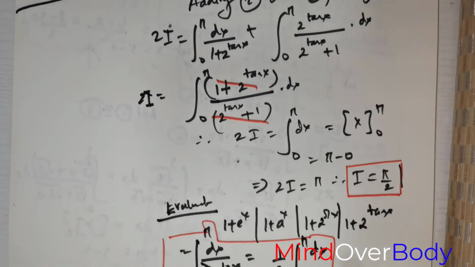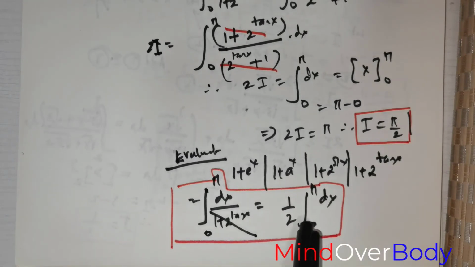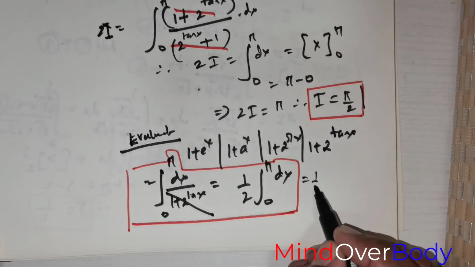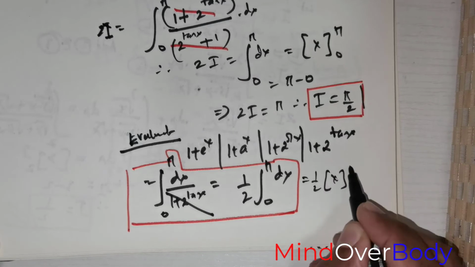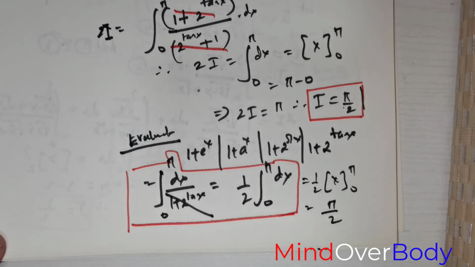If in case you have been given a multiple choice question, then you can arrive at the solution using the technique which I have just shown you. So this is nothing but 1 over 2, I integrate dx, I get x, limits are 0 to pi, I substitute the limits, I still get pi over 2. So clearly you can see the answers are the same.